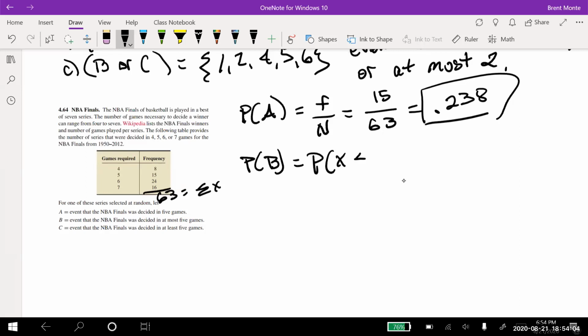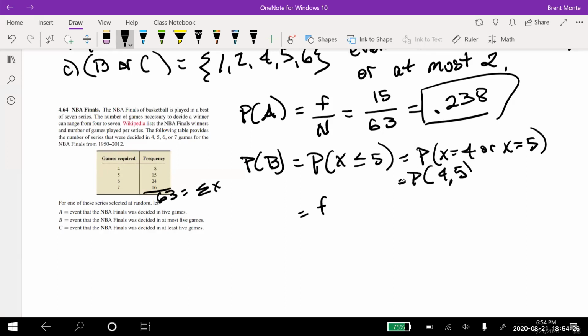At most 5 games means less than or equal to 5. Well, that means the probability that X equals 4 or X equals 5. And oftentimes we'll just write that as the probability of 4, 5. That's fine notation.